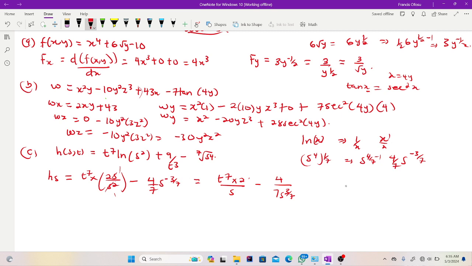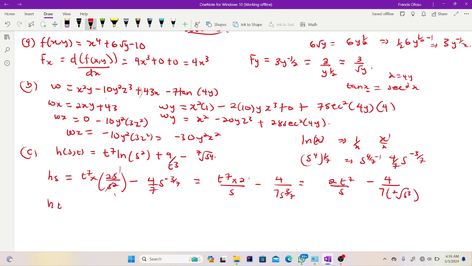Further simplifying, I'm getting 2t to the power 7 over s minus 4 over 7 multiplying the 7th root of s cubed. So always take note, you have to bring it back to as it was, and that is hs.